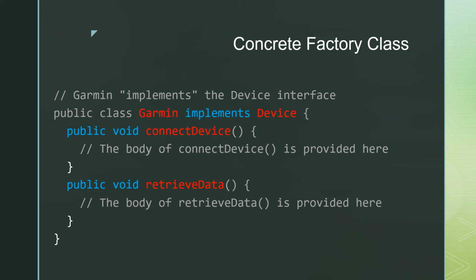And also we would have similar code for Garmin, as we want it for each of our devices. In the last concrete factory class, we have public class Samsung implements device. So we can see that each of these classes that implement device are forced to use the same methods, connect device and retrieve data. This provides consistency over the classes and the design.